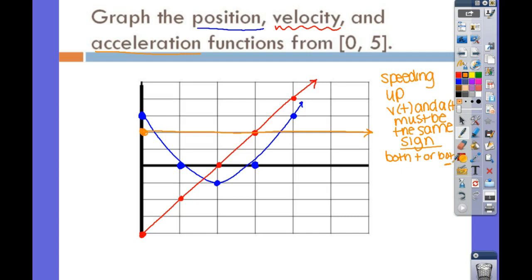Slowing down will be opposites. So an object is slowing down when velocity and acceleration have opposite signs. And it doesn't matter who is who.